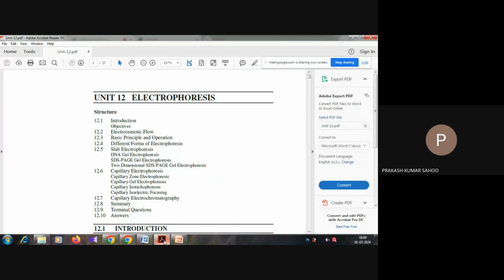So in the electrophoresis part, we have some objectives: electroosmotic flow, basic principle and operation, different forms of electrophoresis, slab electrophoresis, DNA gel electrophoresis, SDS-PAGE gel electrophoresis, two-dimensional SDS, then capillary zone, capillary gel, capillary isotachophoresis, then isoelectric focusing and capillary electrochromatography.